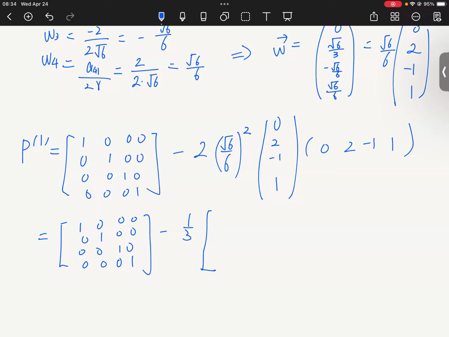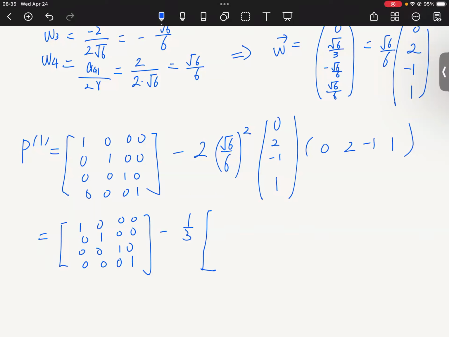And then if I want to calculate A21, it should be the first row. And then A12, the first row and second column, that is 0 times 2, and I got 0 here. And then first row, third column, I also get 0. So you can see the calculations look like this.